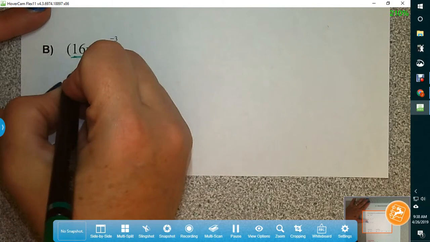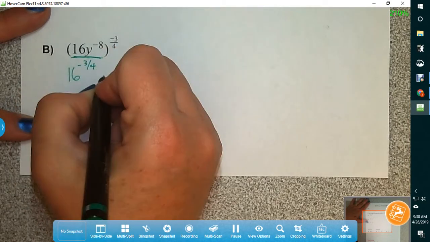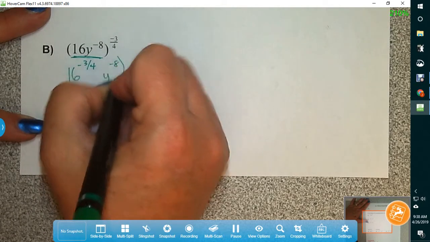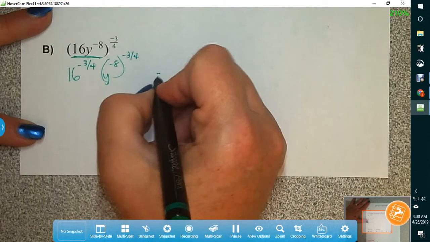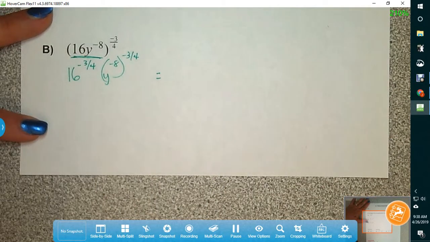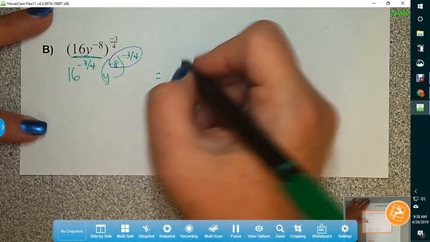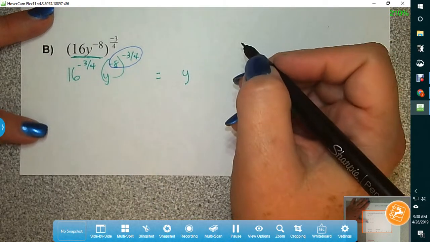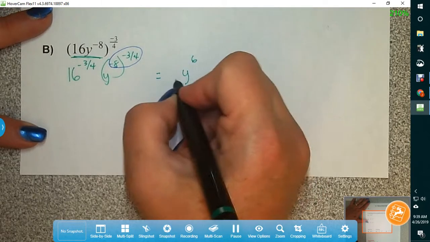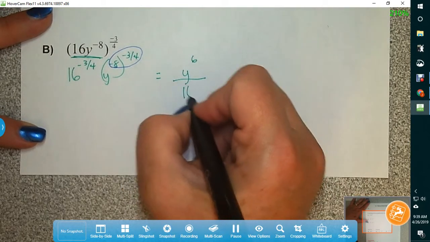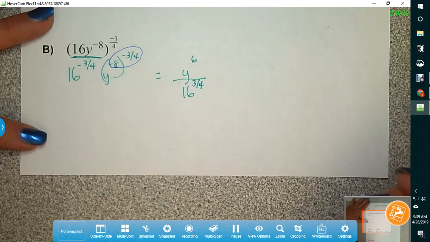So what I'm going to do is write them separately. Then, when I multiply these exponents together, I'm going to get a positive. Y will be to the 24 over 4, which is 6. But my 16 will have to go to the bottom because it has a negative exponent.